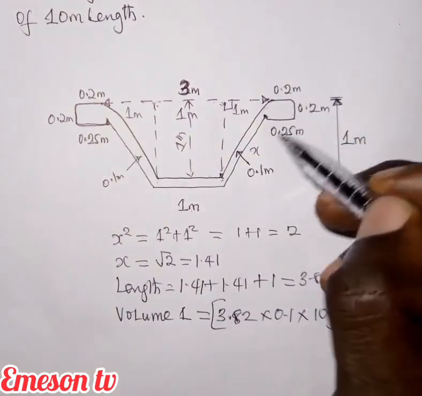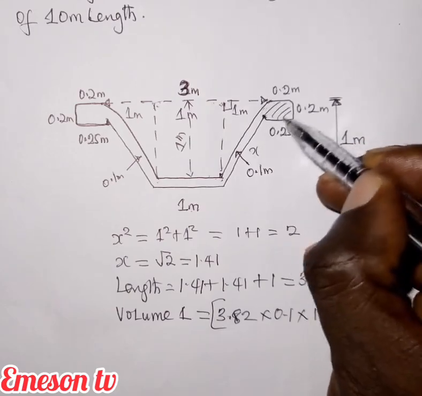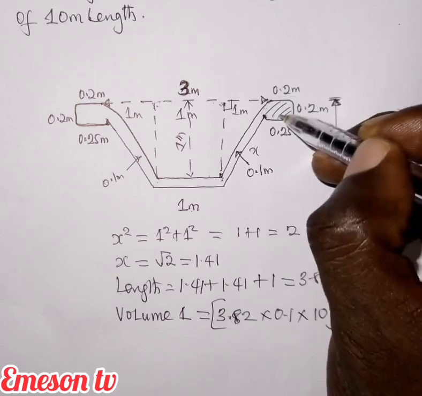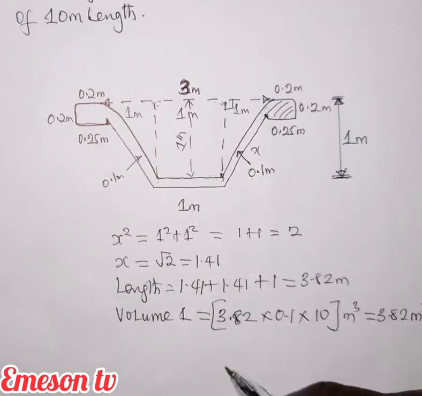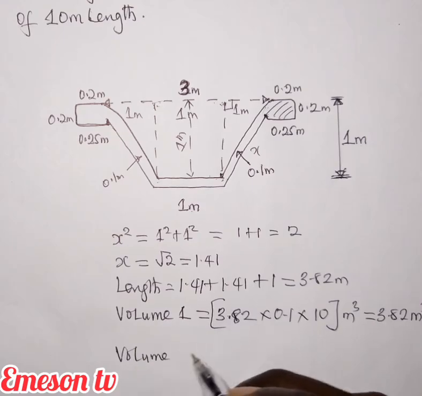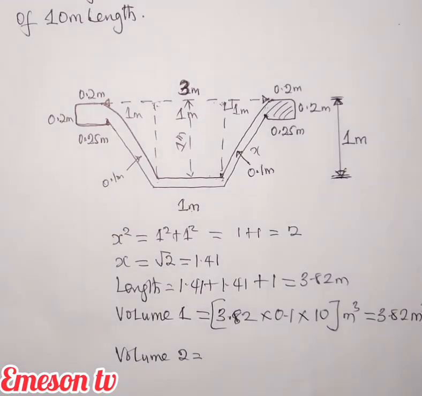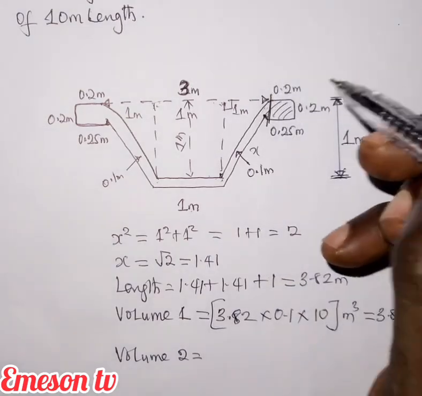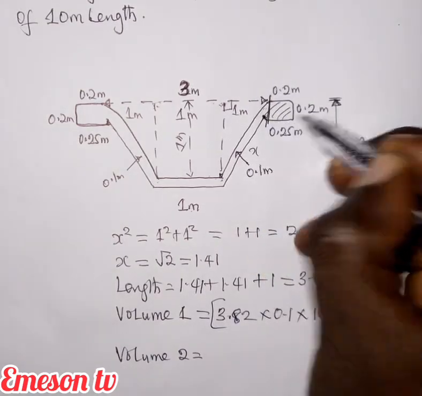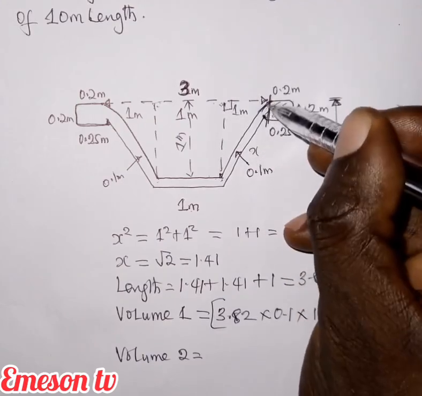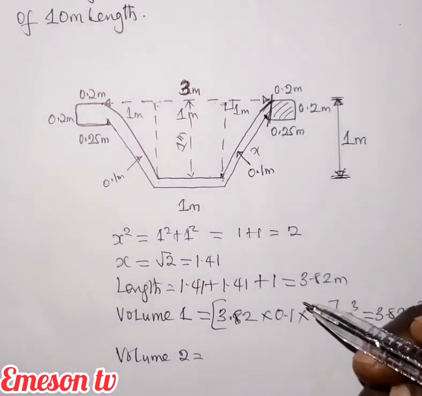So what is remaining for us to do is the concrete here. So you can now see that for us to, let's use this one to calculate for this one and multiply whatever we have by 2. So for here, the volume of concrete, let's call it volume 2. After bisecting it, you see that from here to here is longer than from here to here. There's a slanting side here.